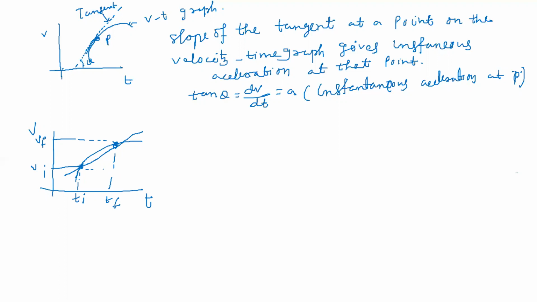This is the chord. Let the chord make an angle theta. I told you we always take the angle with the positive x-axis. So, student, here tan theta will be how much, like in the previous case? V final minus V initial divided by T final minus T initial. This is positive. That means it is increasing. Here you will get the average acceleration.